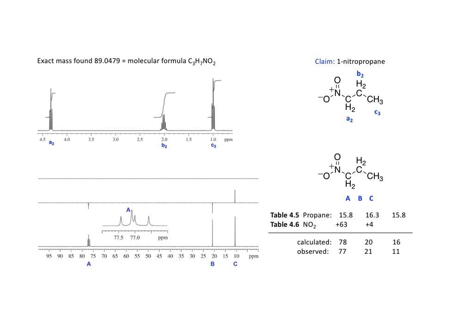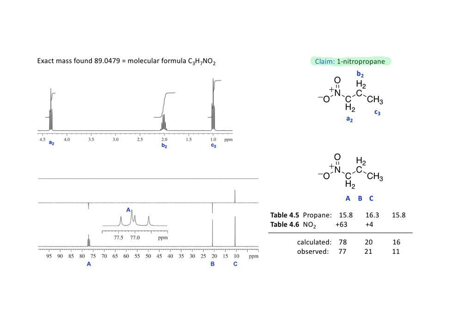This is an example from a simple problem. In an exercise, we made a claim from the proton spectrum that the structure corresponded to nitropropane. We can also now examine the carbon-13 spectrum to further strengthen the claim.